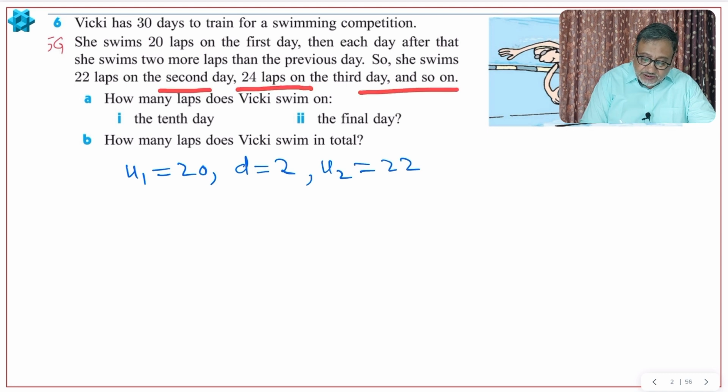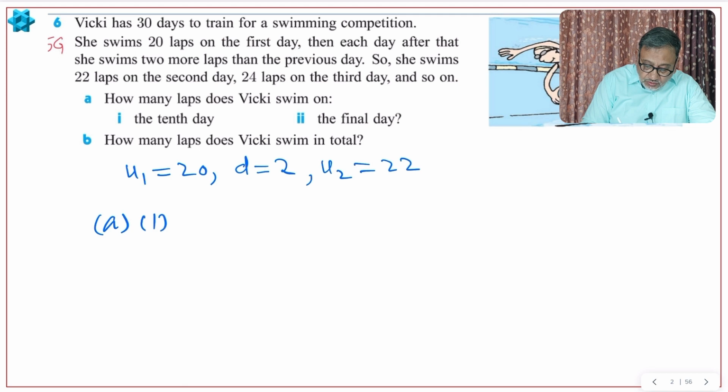How many laps does Vicky swim on the 10th day? See, they are asking about the 10th day, only one day, not from the first day to the 10th day. So u10 we have to find. Part A, number 1. Let me write the formula, we saw it yesterday. Un is u1 plus n minus 1 d.